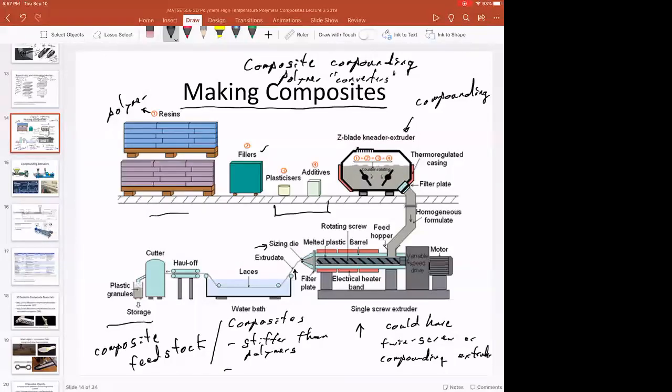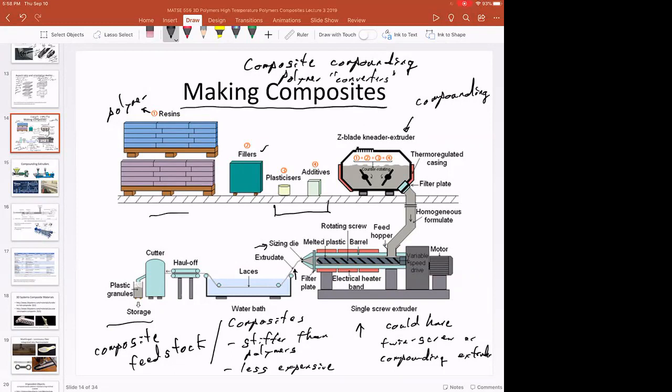And in some cases, they're less expensive, because even though you have additional processing, if you're taking a really expensive polymer like PEEK and putting silica in there, which is inexpensive, you can get your material cost down.